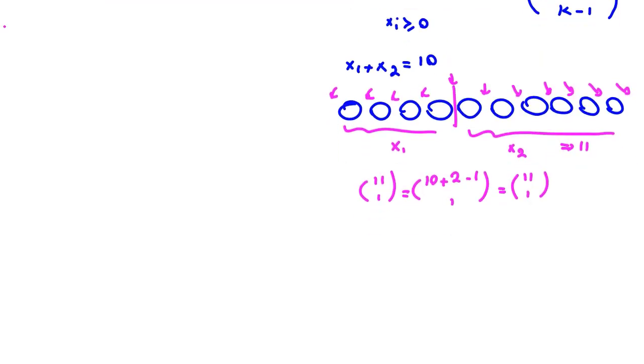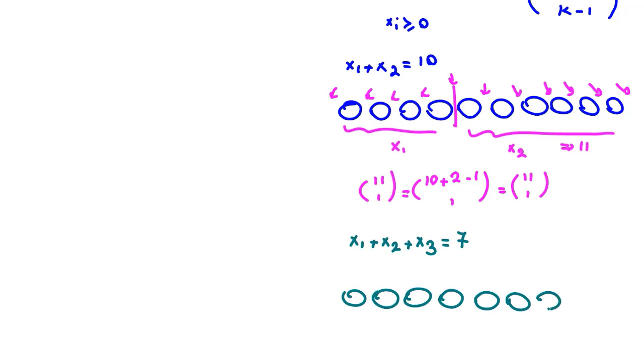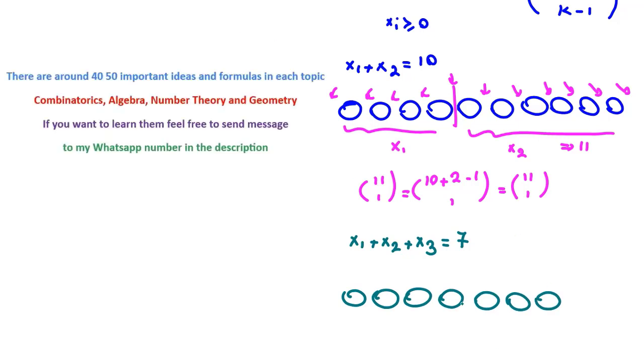Now let's solve a bit harder one. For example, x1 plus x2 plus x3 equals 7, and the xi's are at least 0. Now here I need how many dividers? 2 dividers.